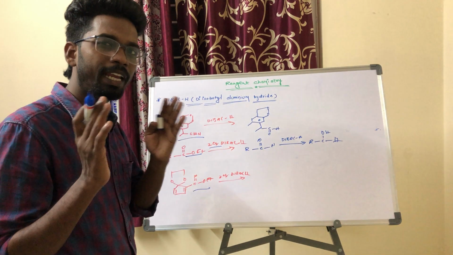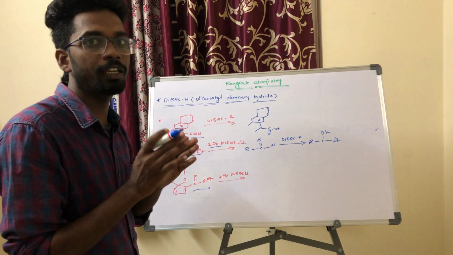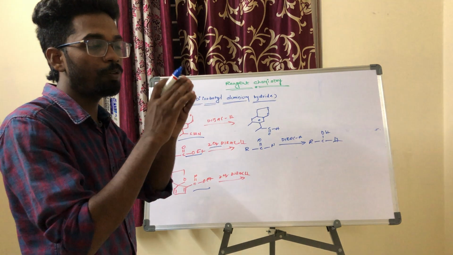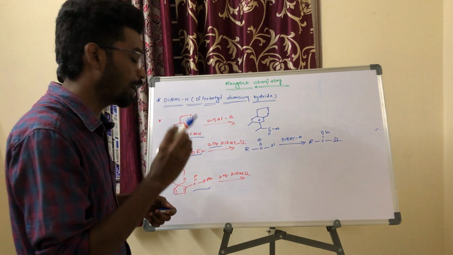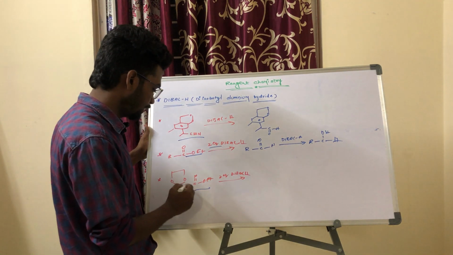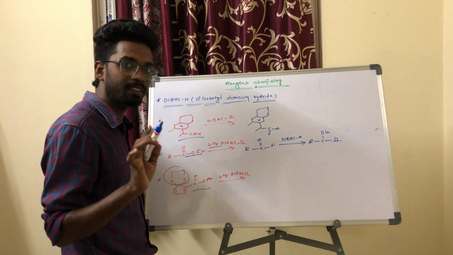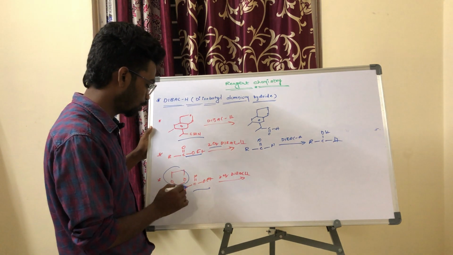If any question is given, you should identify which functional group DIBAL-H is going to reduce. Here we have a protecting group, so you don't do anything to this protecting group.